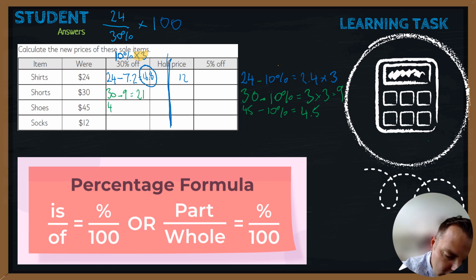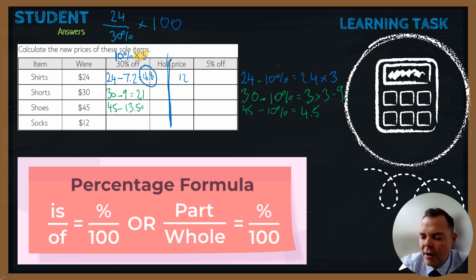So $45 minus $13.50 equals $31.50. Why don't you have a go at figuring out 12? Pause the video here and we'll get back to that one.